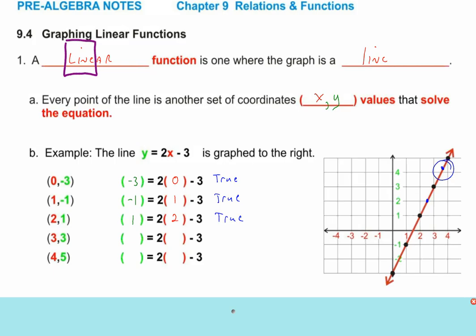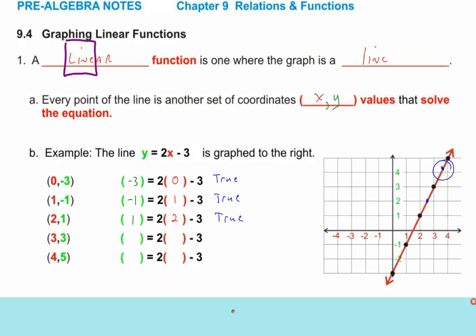Because here's the point. Every single point on the line, not just the 5 I show you, if you put the x coordinate in for the x and the y coordinate in for the y, it'll make the equation equal. So any point that is a point on the line makes the equation equal or true. Any point that is not on the line doesn't make the equation true.